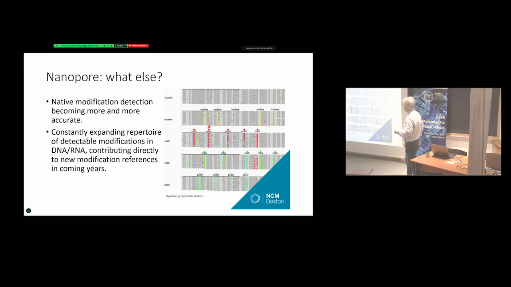And so you have here different modifications, so methyl 5C, methyl 6A, you have inosine. In that case this is RNA, but you can also have a direct identification of the methylation of DNA and hydroxymethyl. So that makes a particularly interesting aspect of the work with the Oxford Nanopore, and people are actively involved in that.